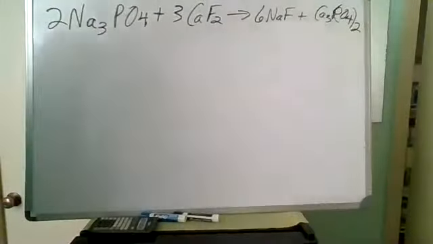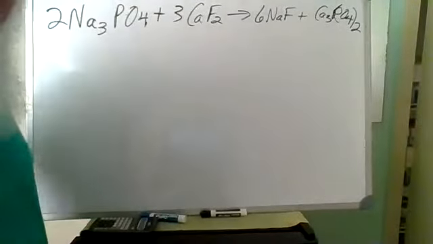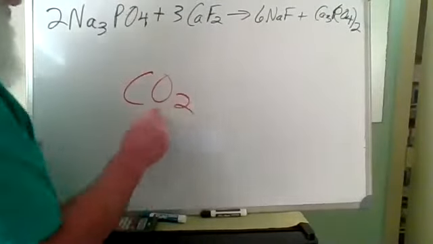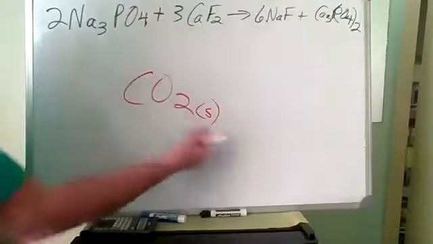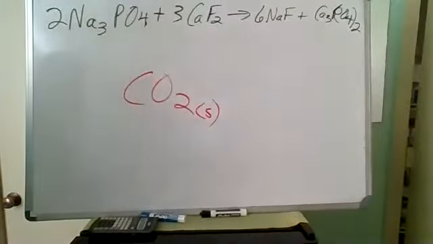But let's take a look at, we talked about sublimation on Monday. And we should know that carbon dioxide solid is called dry ice.